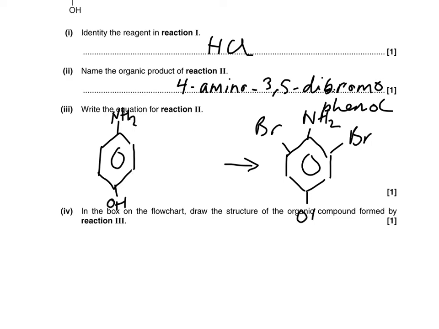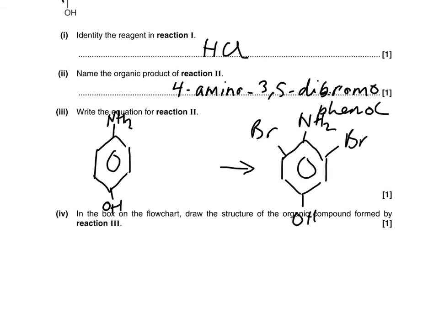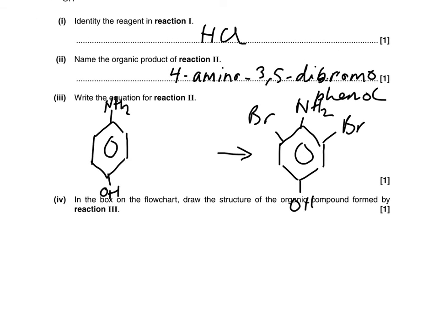And then we've got to work out what is being added and what's being taken away. We're adding in bromine, but we're losing the hydrogens that are here and here. That's where people are likely to slip up, because it's not just an addition, it's a substitution. We're substituting our bromine for a hydrogen. So each bromine molecule swaps one of their atoms with a hydrogen, giving us 2 HBr on this side here.